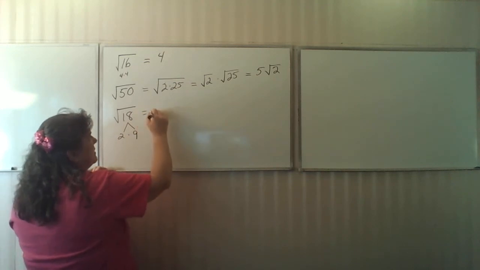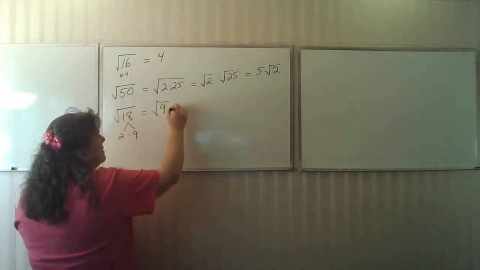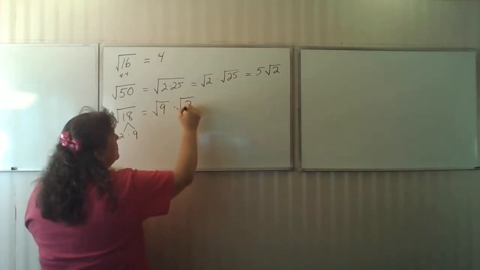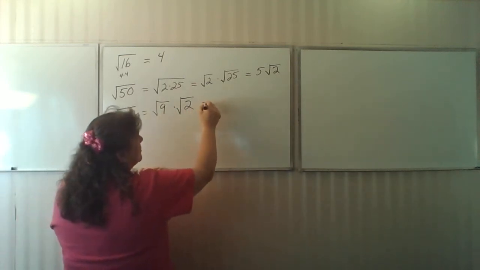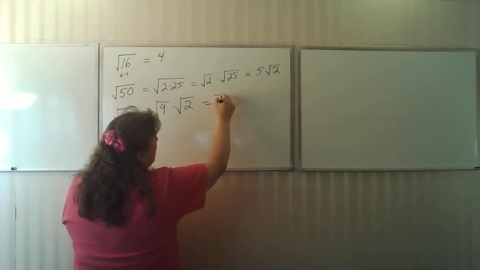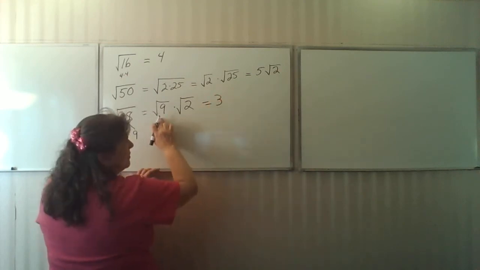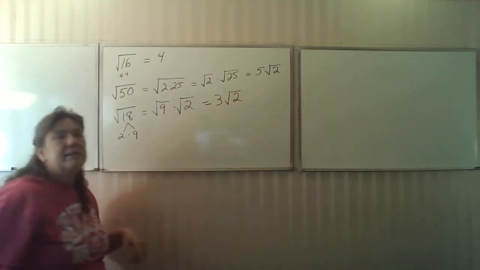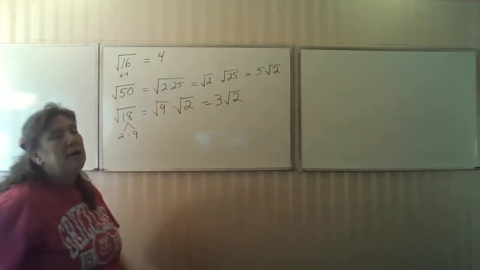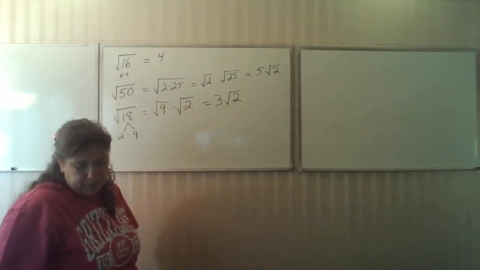And therefore, this is the square root of 9 times the square root of 2, because I can take these two factors and put each one under its own square root. The square root of 9 is 3, because 3 times 3 is 9, and the square root of 2 does not simplify. It is irrational, and you end up with 3 square root of 2.